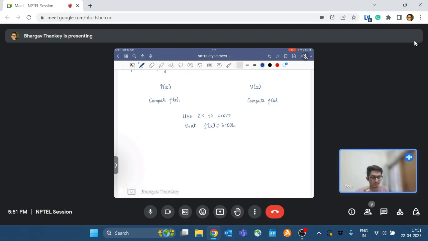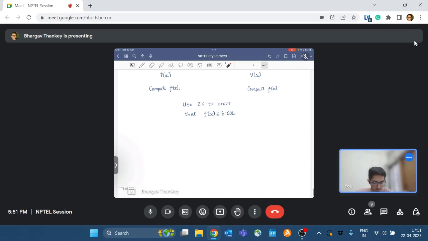And since we can do this in a zero knowledge fashion, we can convince the verifier that f(x) is in 3-colorable in zero knowledge fashion, and therefore we can convince the verifier that x is in L in zero knowledge fashion. Yeah, so using the Cook-Levin theorem and that one zero knowledge protocol, we can come up with a zero knowledge protocol for all languages in NP.